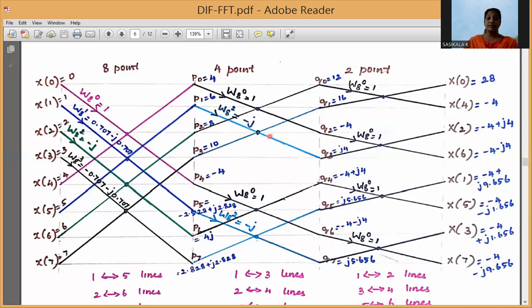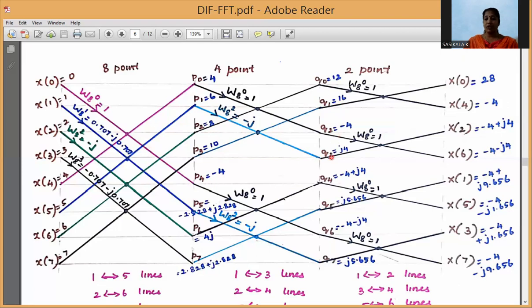The next one is Q1. So this is the second butterfly. For the second butterfly, the inputs are P1 and P3 and the outputs are Q1 and Q3. So what is Q1? Q1 is equal to the first input plus second input, that is P1 plus P3, whose value is 6 plus 10, which is 16.